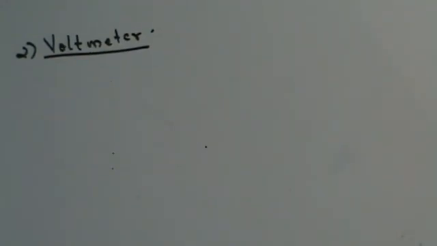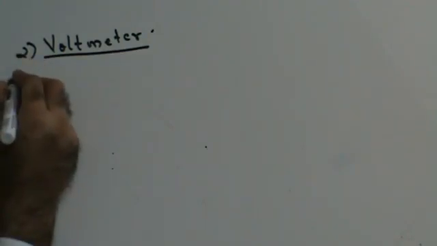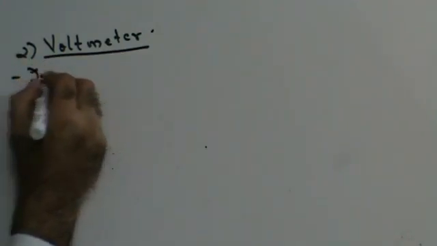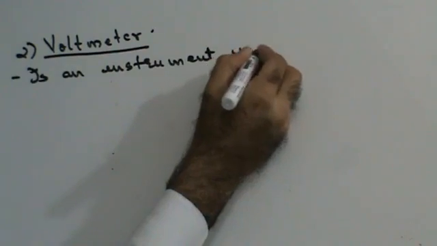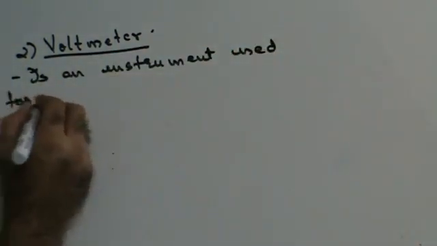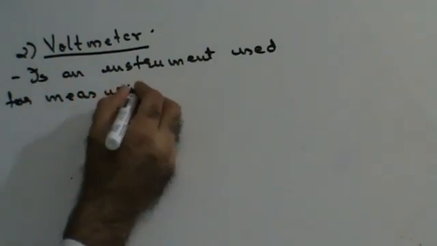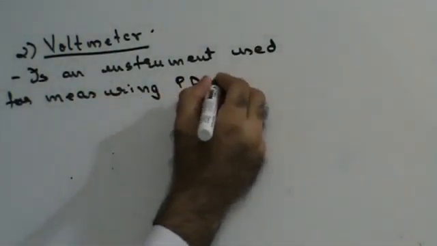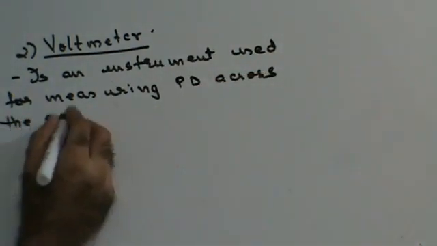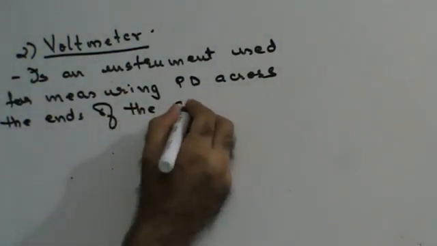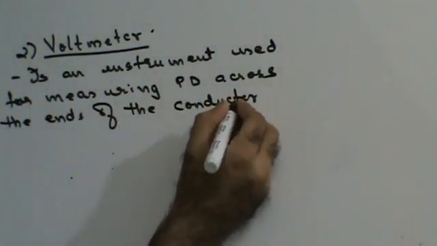Like an ammeter is a device that is used to measure current, a voltmeter is a device that is used to measure the potential difference across the ends of the conductor carrying current. A voltmeter is an instrument used for measuring potential difference across the ends of the conductor carrying current.